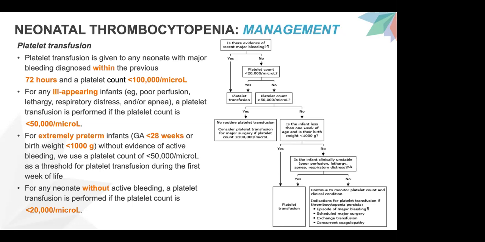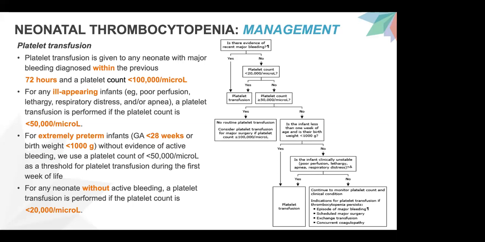Sometimes, of course, in a patient with major bleeding, you give platelet transfusion to stop the bleeding. In severe thrombocytopenia, even without major bleeding, we give it to prevent the bleeding from occurring. That's why they are given prophylactic platelet transfusion. Yeah, I think that's all.